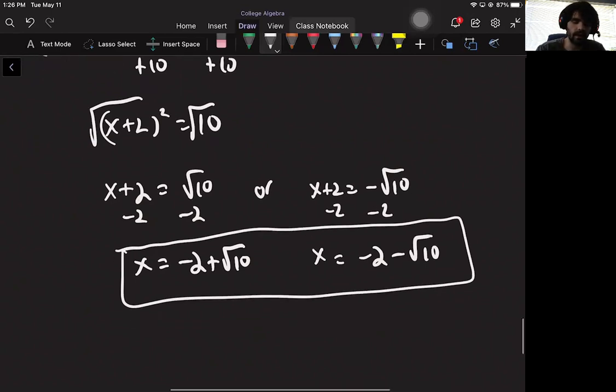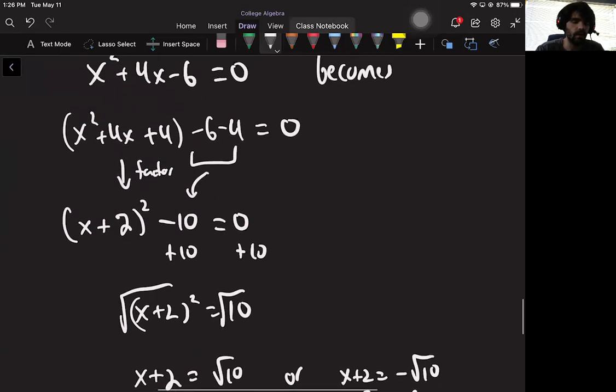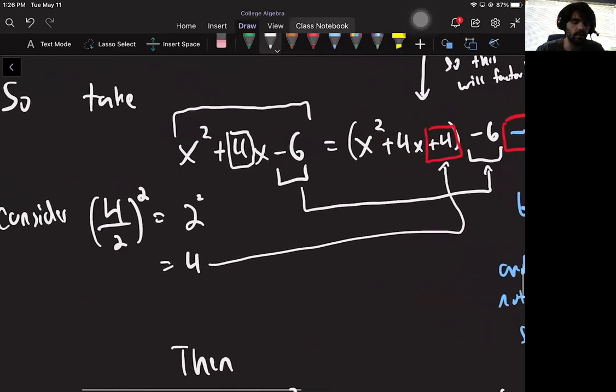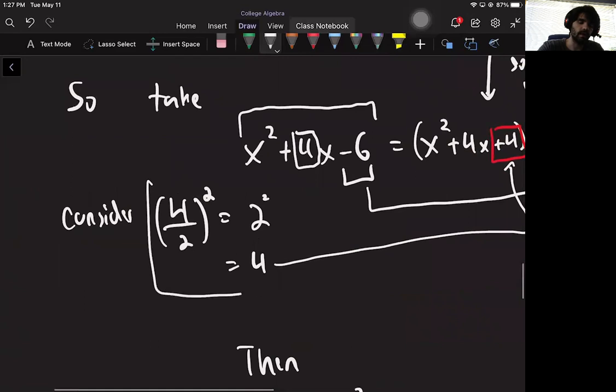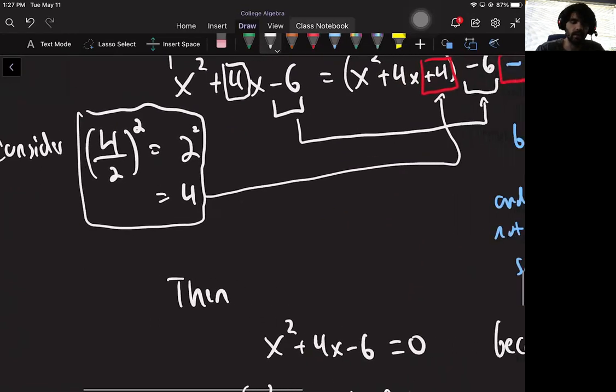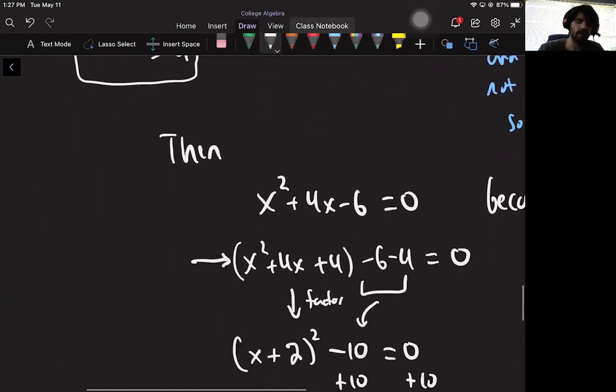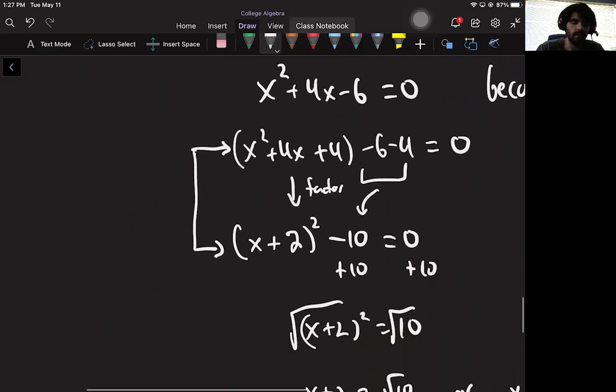Okay, so we'll run through this technique a few times in some other examples, but the idea will always be the same, which is we have to figure this thing out, and then we have to add it and subtract it. And then when we do that, we create something that factors into x plus something squared.